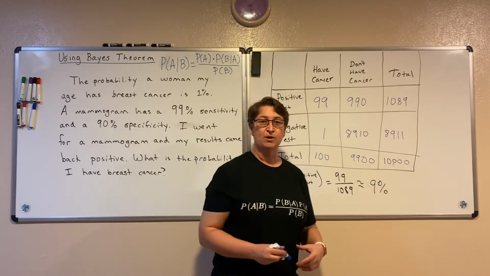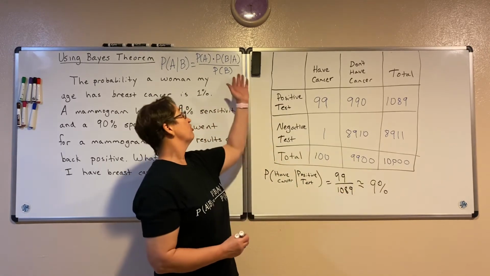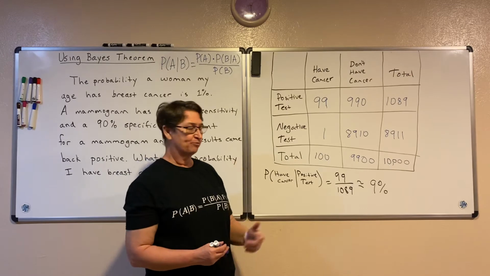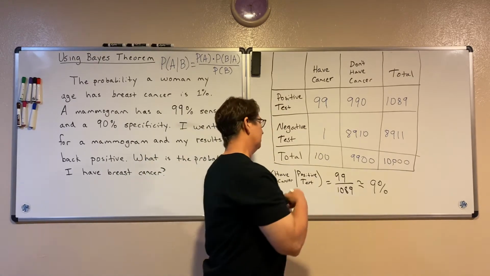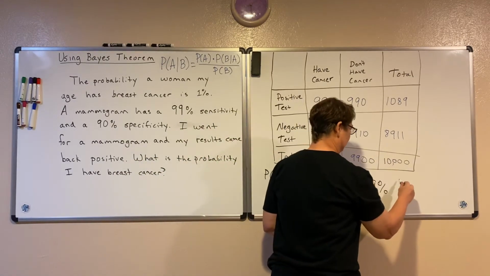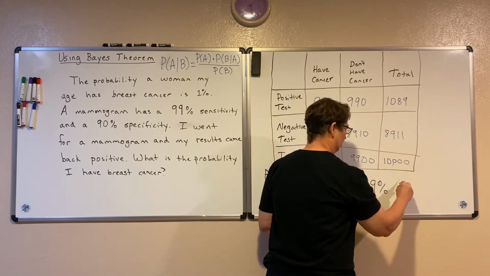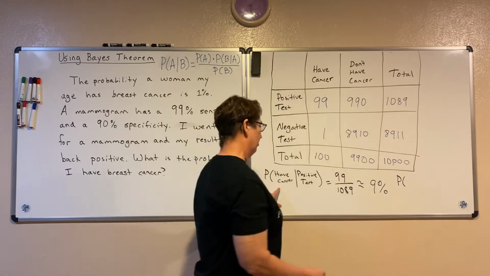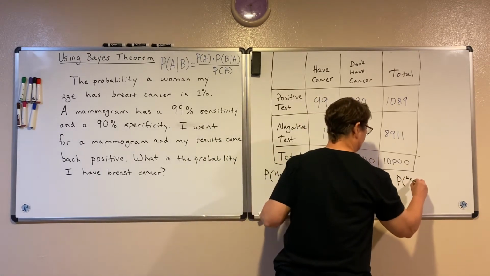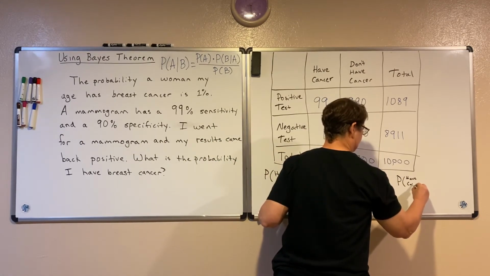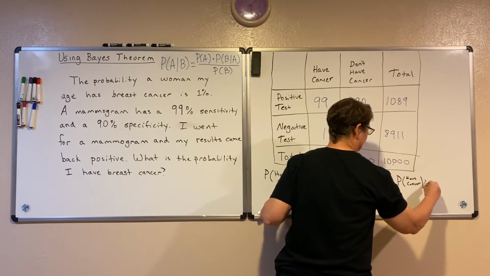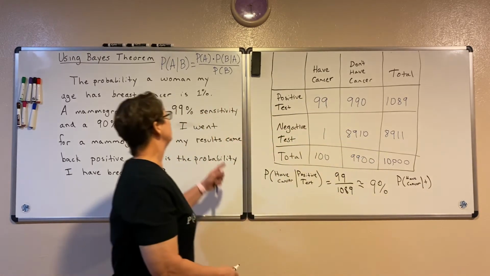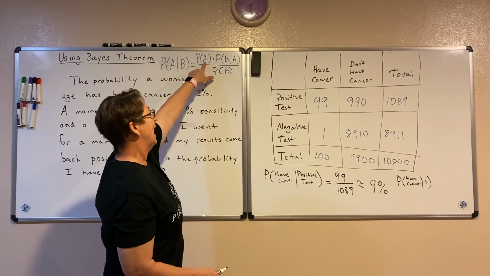Now, with this same problem, how could I have used the formula to determine that? Well, using the formula is a little more complicated than just doing the chart. But the way we would do that is we're looking still at the probability that we have cancer, given that we have a positive result. And then what we do is we take the probability that we have cancer.